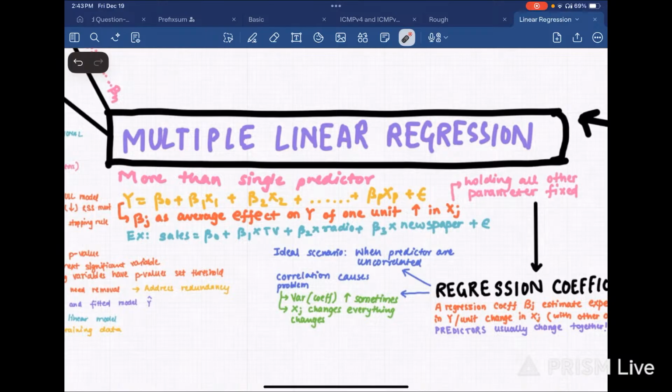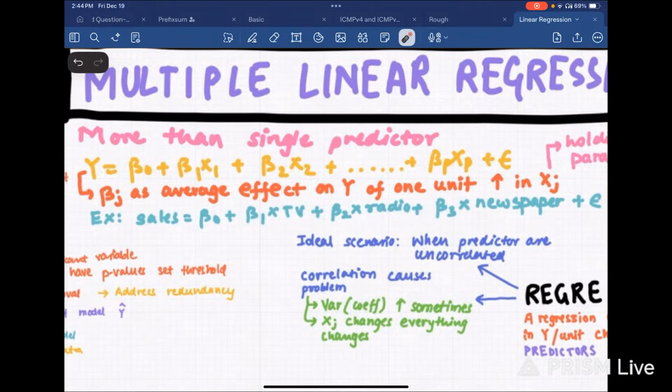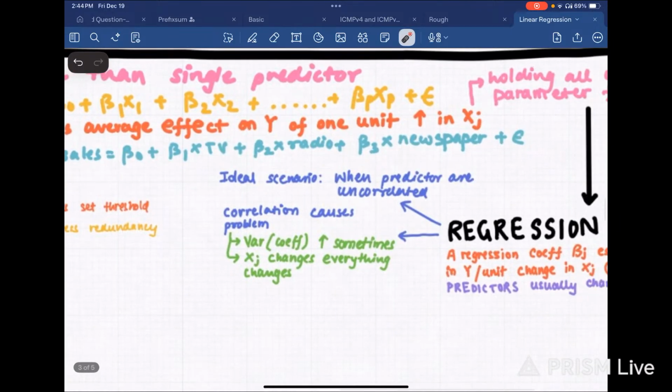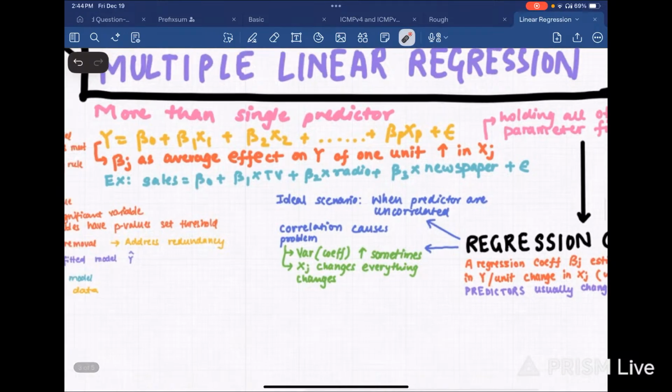So how much effect bj will produce on y when we increase xj by 1 unit is what we want to calculate. We can see this in the sales example: beta naught plus beta 1 into TV. We know that sales come from TV, radio and newspapers, so we can include all of these in our linear regression, and this will give us a regression model.